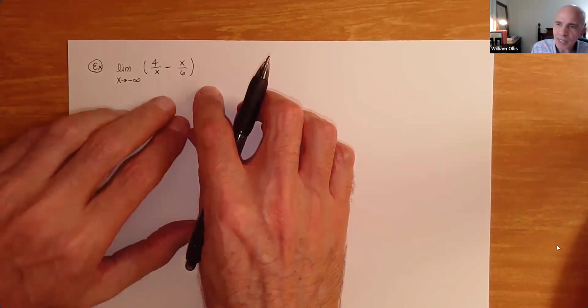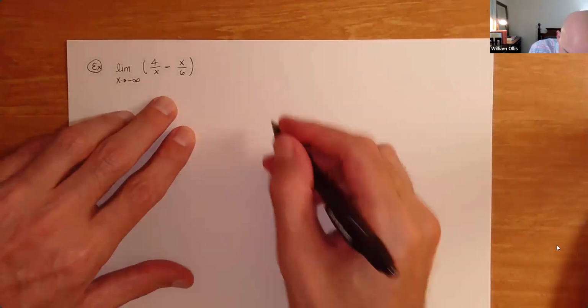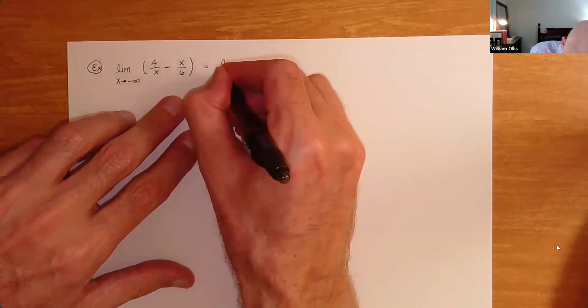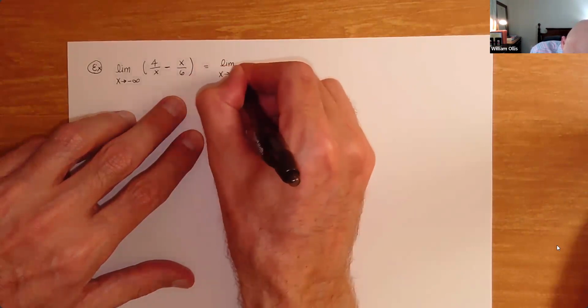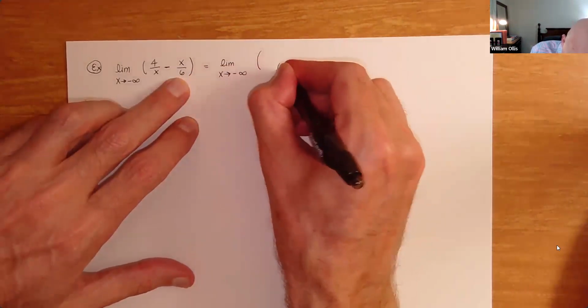So let's dress this in the version of a rational function as we just discussed. So we can have a little bit better way to interpret this that looks more algebraically correct. So we'll just get a common denominator, which is 6x.